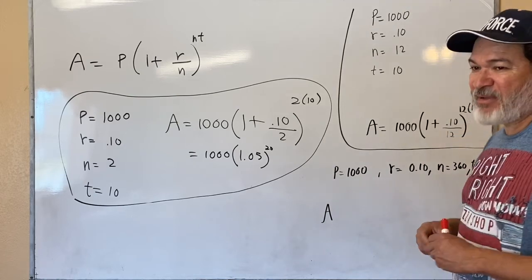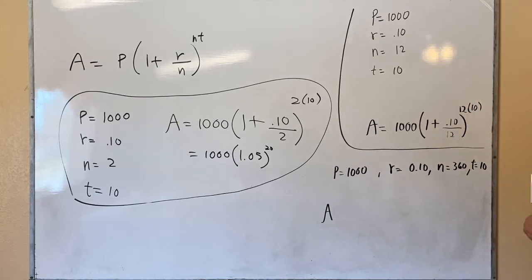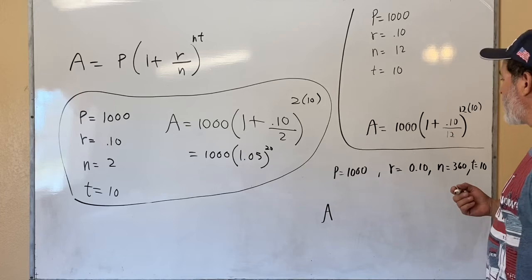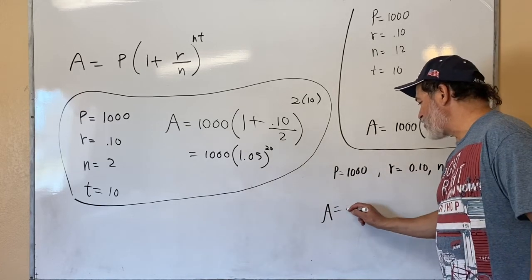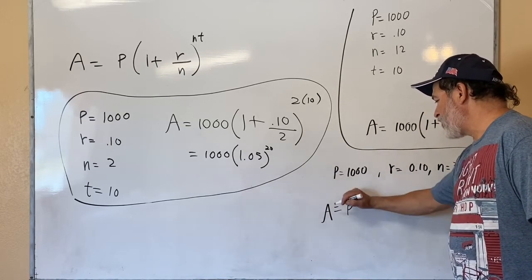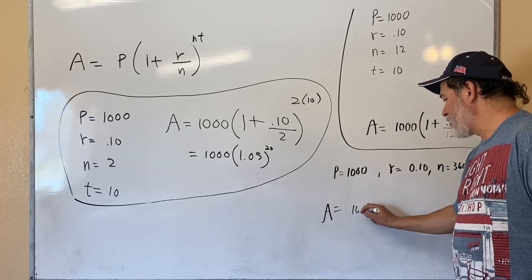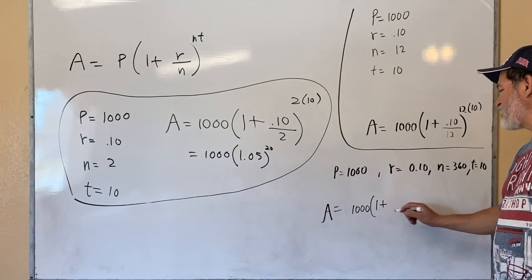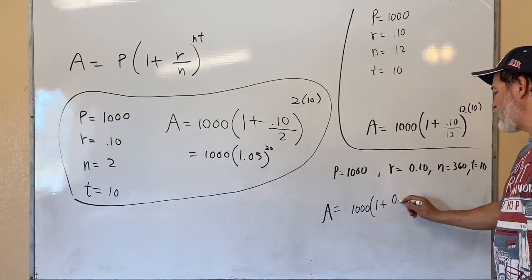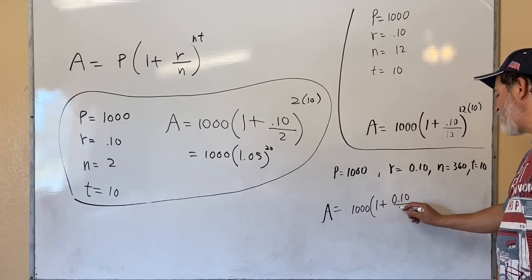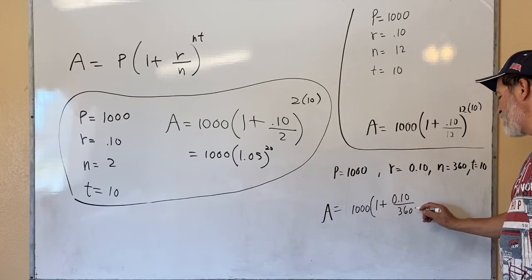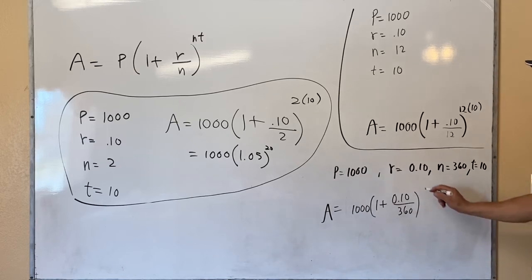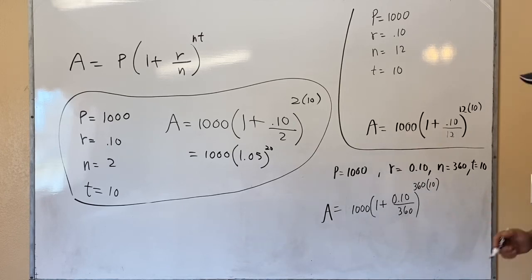Okay? I don't have my calculator with me. Okay, you guys do it at home. All right? So amount equals the principal, which is 1,000, times 1 plus the rate, 0.10, divided by 360, because N is 360, raised to the 360 times 10.